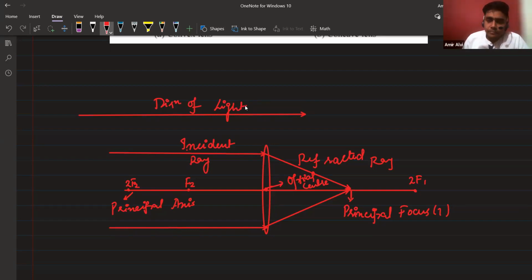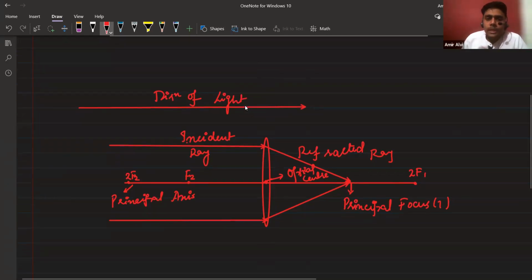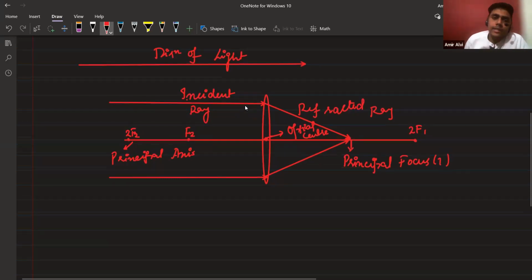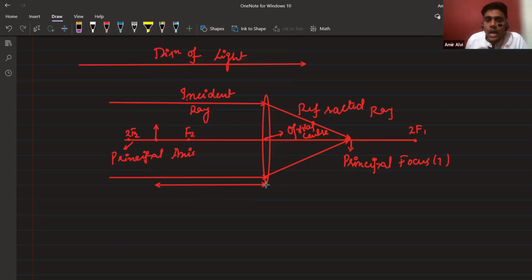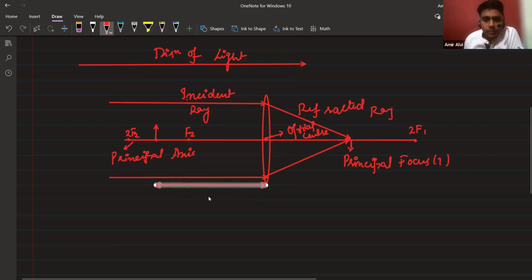Suppose the object is placed here, between F and 2F. Can anybody tell me what the object distance would be? It would be negative u, yes or no?